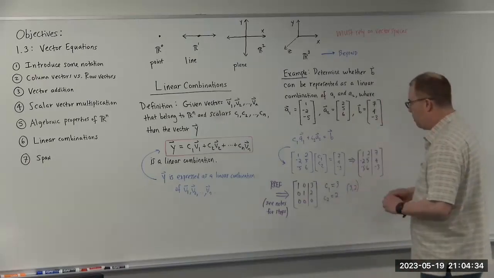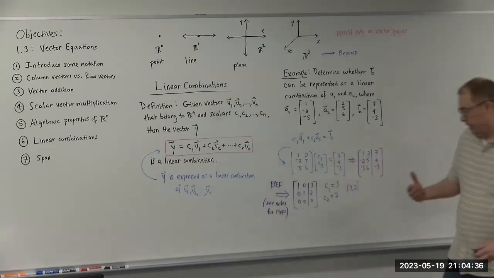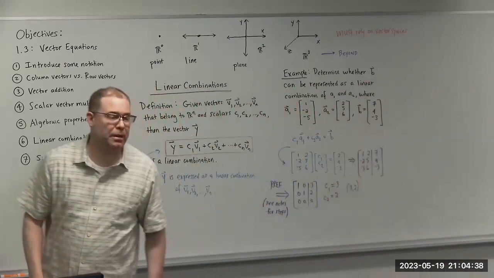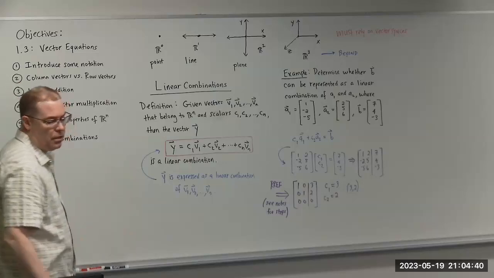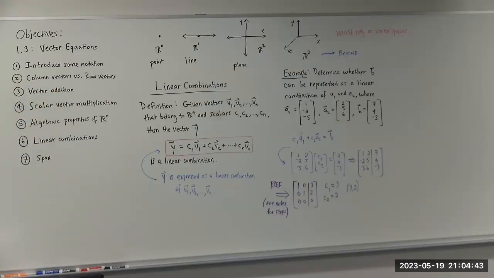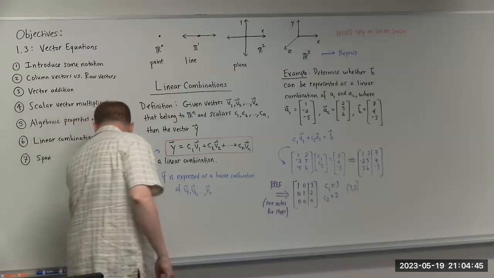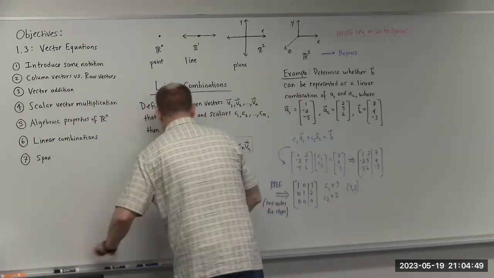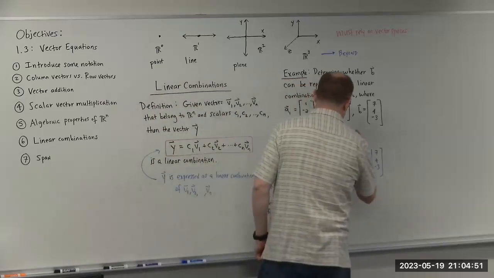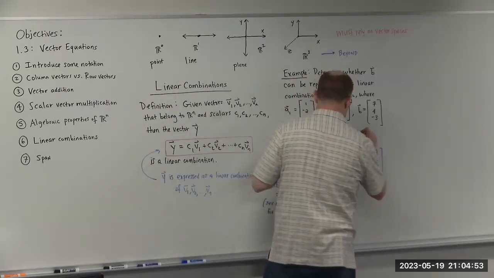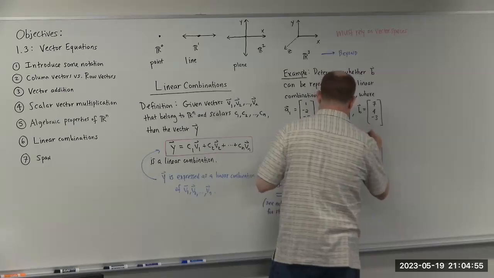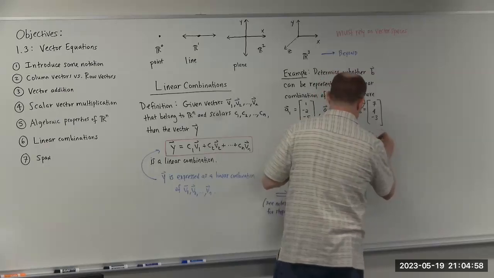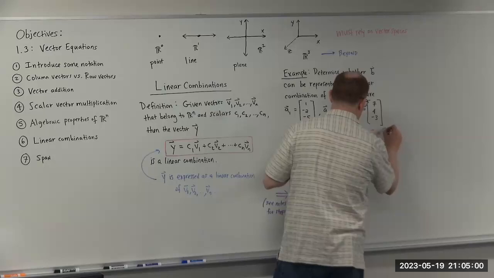Furthermore, this shows us that the vector B can be written as a linear combination of A1 and A2. So we have 3 times A1 plus 2 times A2 gives us the vector B.